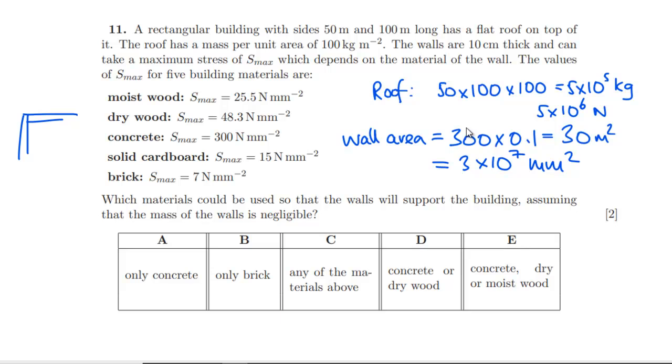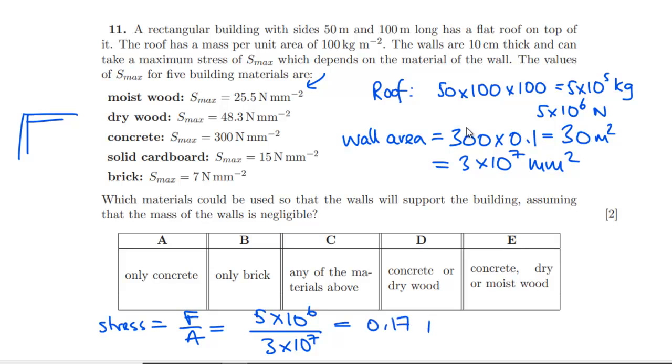So our stress, which is our force over area, which we can see from the units anyway, is 5 times 10 to the 6 divided by 3 times 10 to the 7, which is 5 over 3 times 10 to the minus 1. So that's around about 0.17 newtons per millimeter squared, which is tiny compared to all of this stuff.